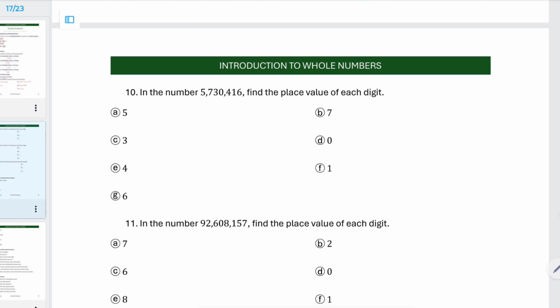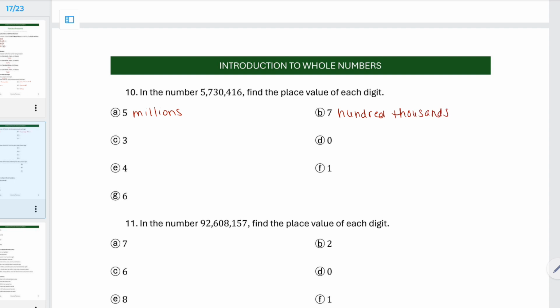For this one, we have 5,730,416. Find the place value of each digit. So the 5 is in the millions place. The 7 is in the 100,000s place.